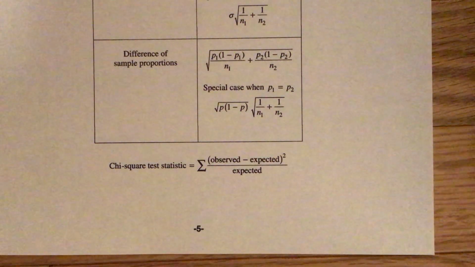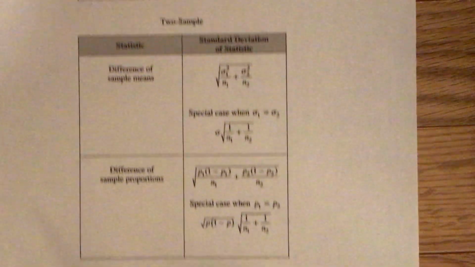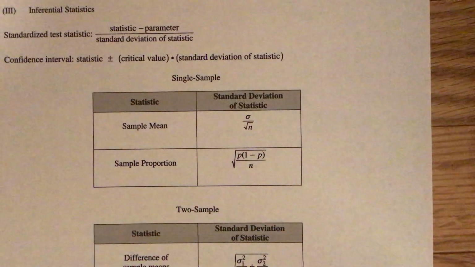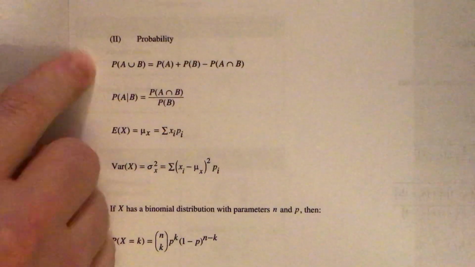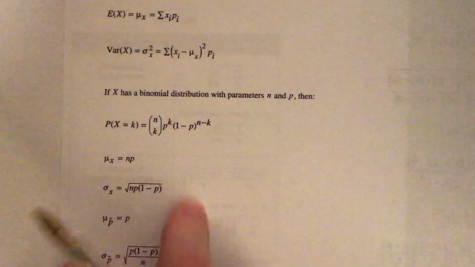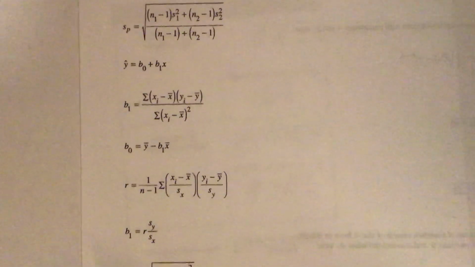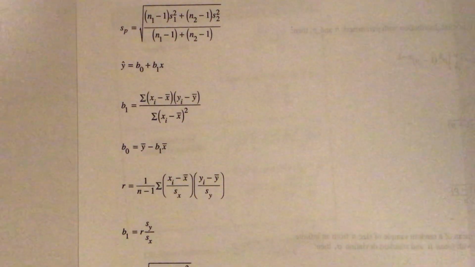If I were you, since you can make your own, I've given you a sheet with all the inference on it. But some of the stuff from here that might be handy is if you made a list of your own probability formulas, if you make sure you know about the binomial distribution, we also did the geometric distribution, and the stuff about making the line of best fit, you could probably do a better job than this sheet does.